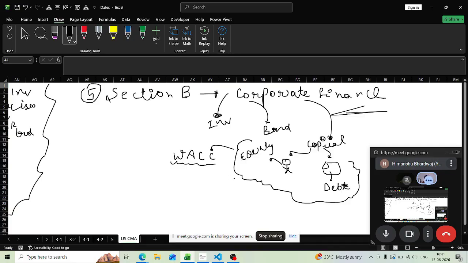So that's the basics of the corporate finance section. Again, we'll use the same flow: concepts, MCQs, reading, and then an MCQ solving and doubt session.